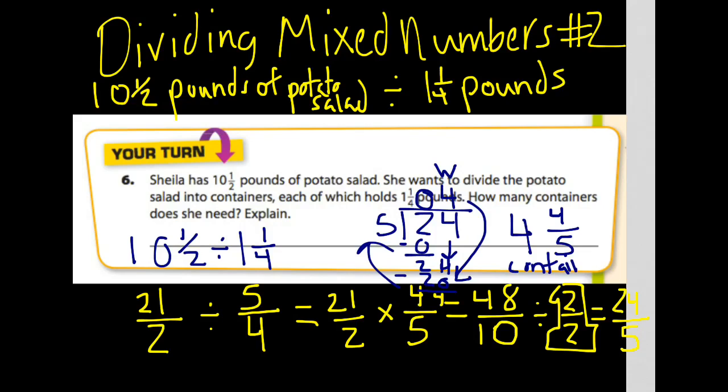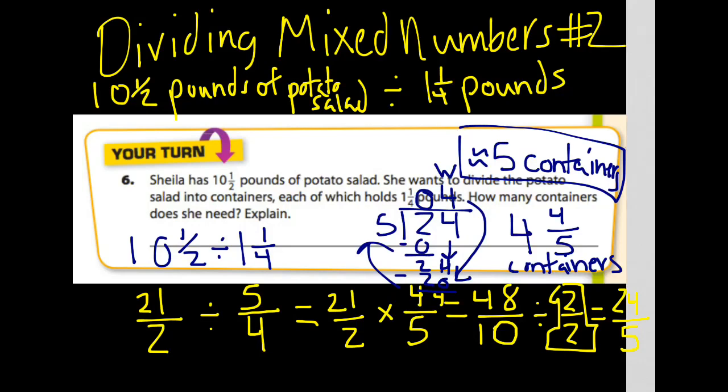Now, because usually you don't have 4/5 of a container, my answer is most likely 5 containers, because you can't really cut a container into 4/5, so you'll need about 5. These squiggly lines mean about 5 containers. And that's my answer. Woo!